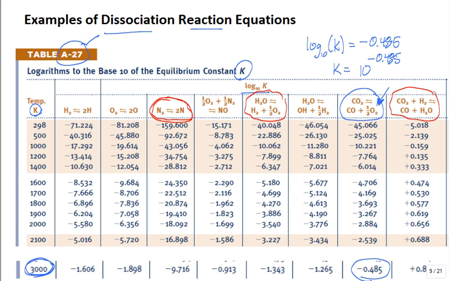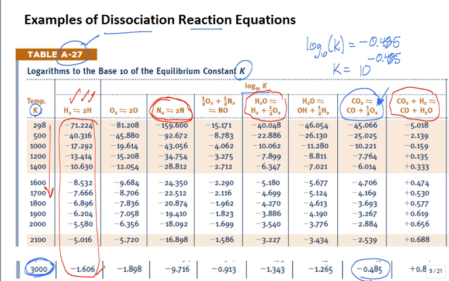Okay. Notice the trend is, what is the trend of these numbers if I just look in this column for this dissociation reaction? Starts large negative, and as the temperature goes up, it gets closer to zero. It's increasing from large negative to not so large negative towards zero. True?